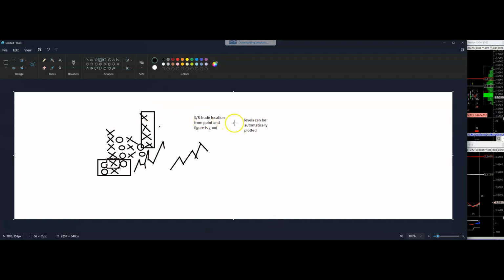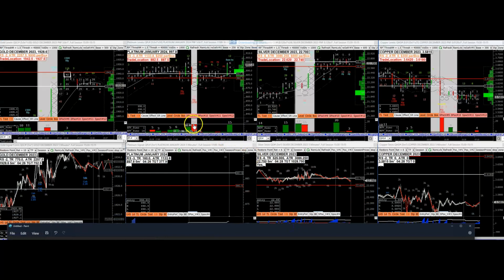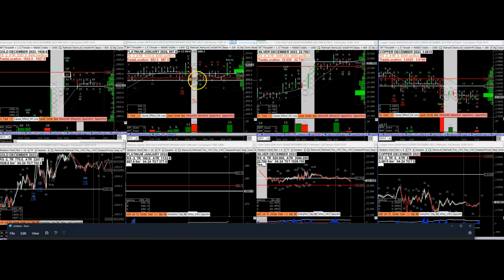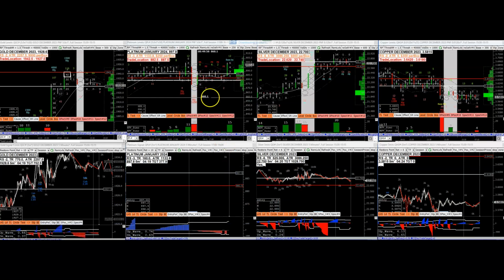It's excellent, can be automatically plotted, and has the benefit of both vertical volume and volume at price. As you can see here, I have volume vertically and volume at price. See both.